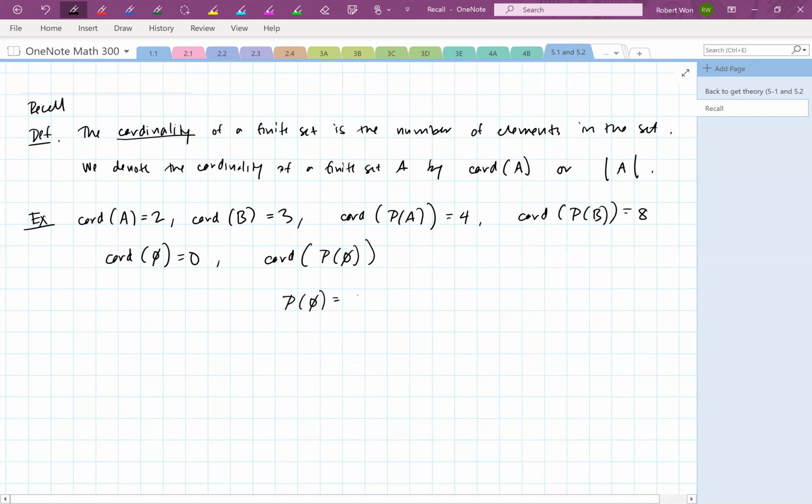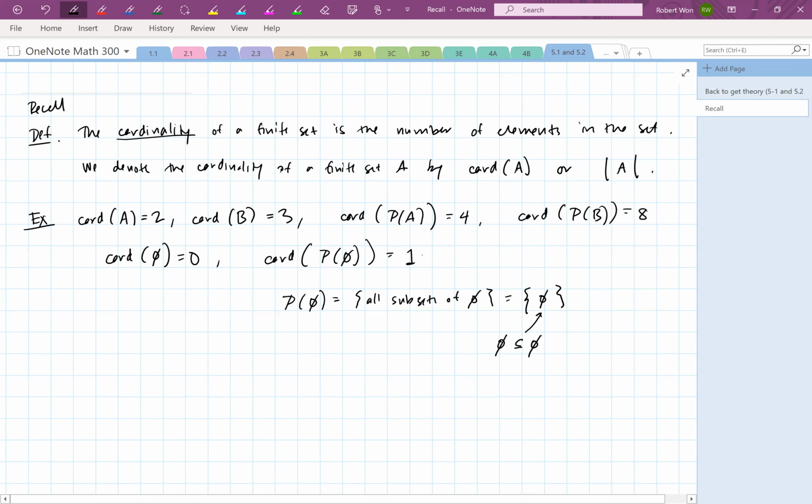Now, the empty set contains no elements, but it does have a single subset. The empty set is a subset of itself. So the power set of the empty set is a set containing the empty set, because the empty set is a subset of the empty set, so it's in the power set. So the cardinality of the power set of the empty set is actually 1.